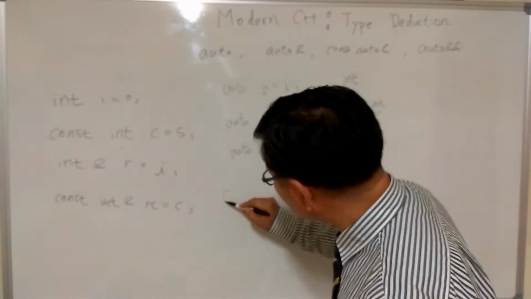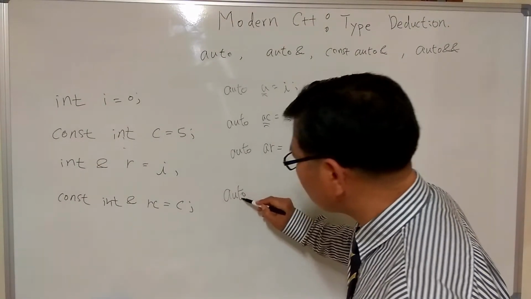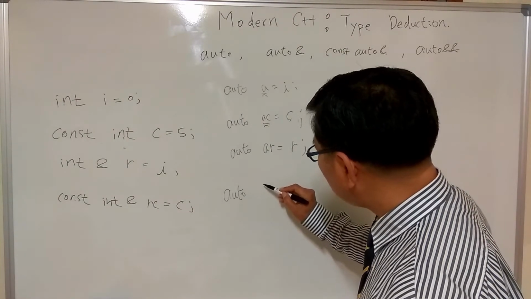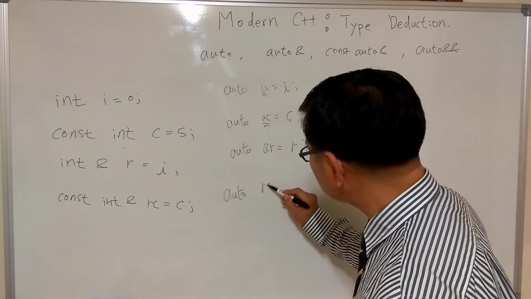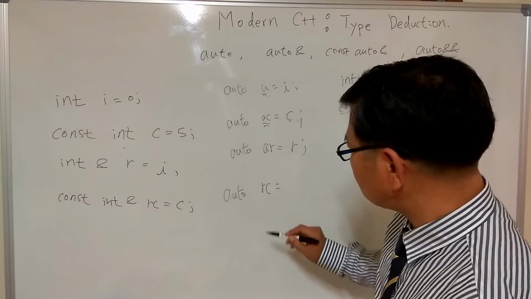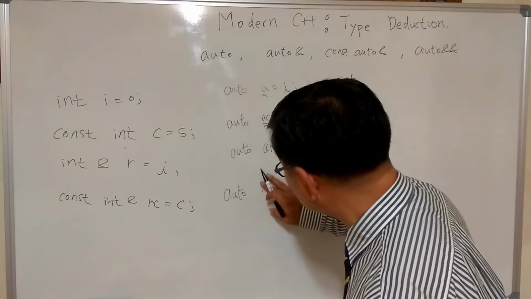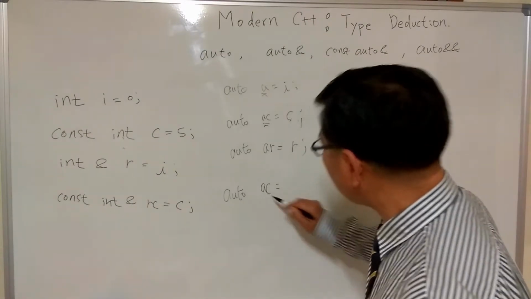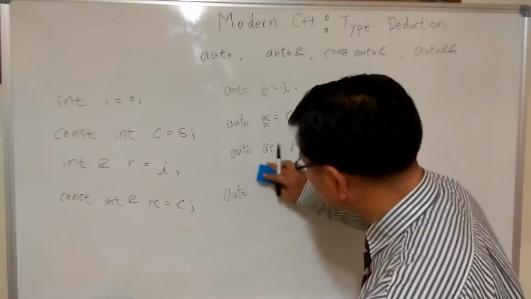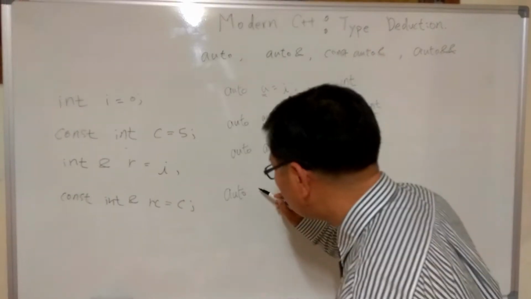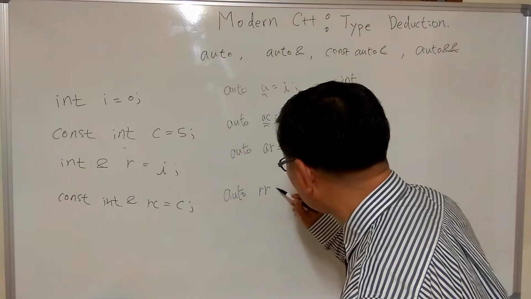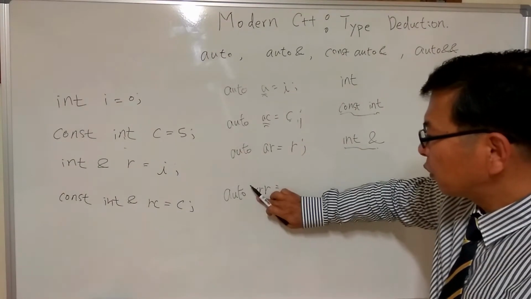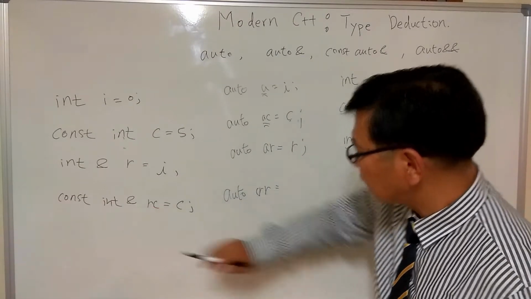What about this? Once again, auto. I would say CRR, auto CRR, and we will initialize it with RC.